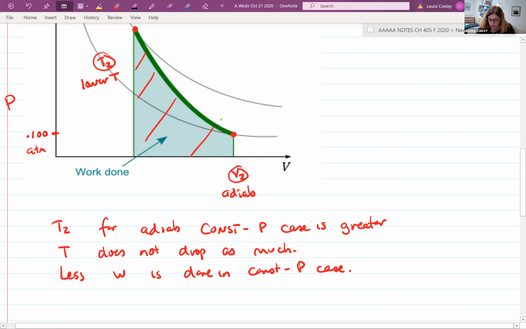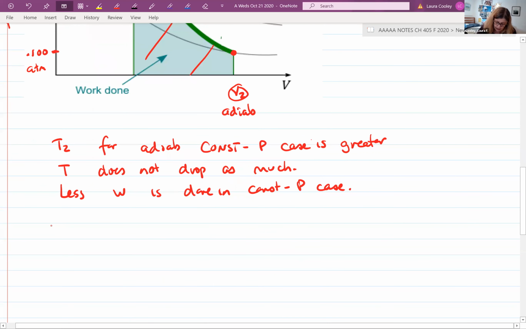So what I would like you to calculate, as well as the T2 for each one, is V2 for both cases.